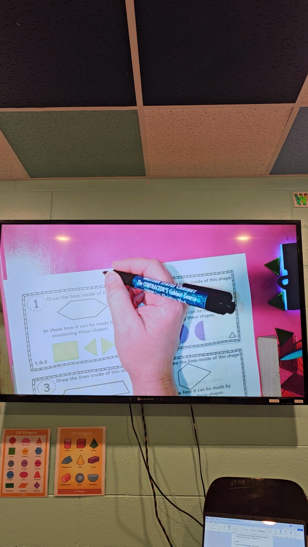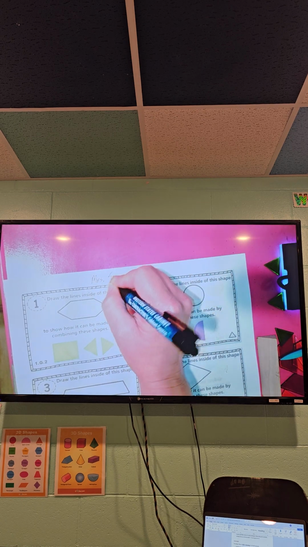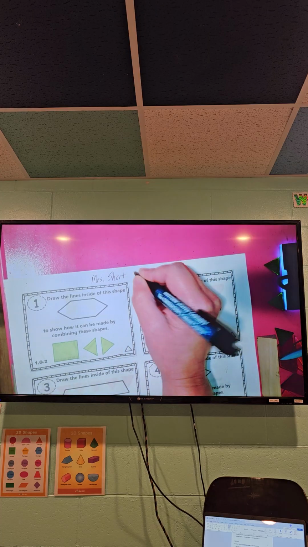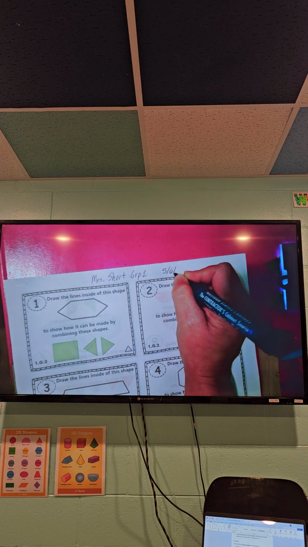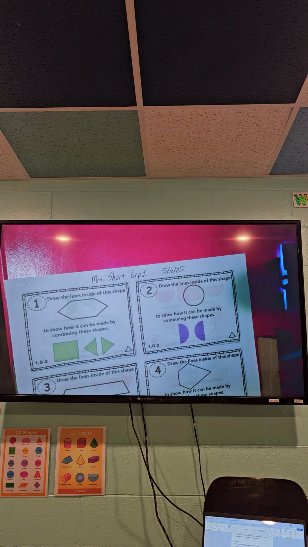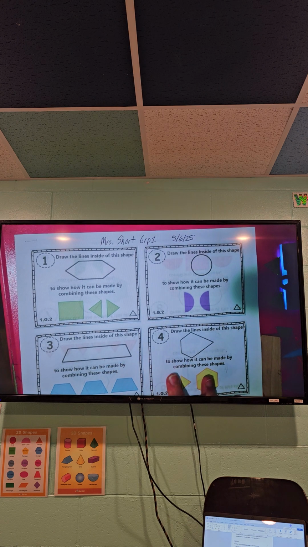That could be like a marker, crayon, a regular ink pen like what I'm using. Make sure your name's on it and the dates. I'm going to use pencil because I'll make a mistake and I can't erase with pen.